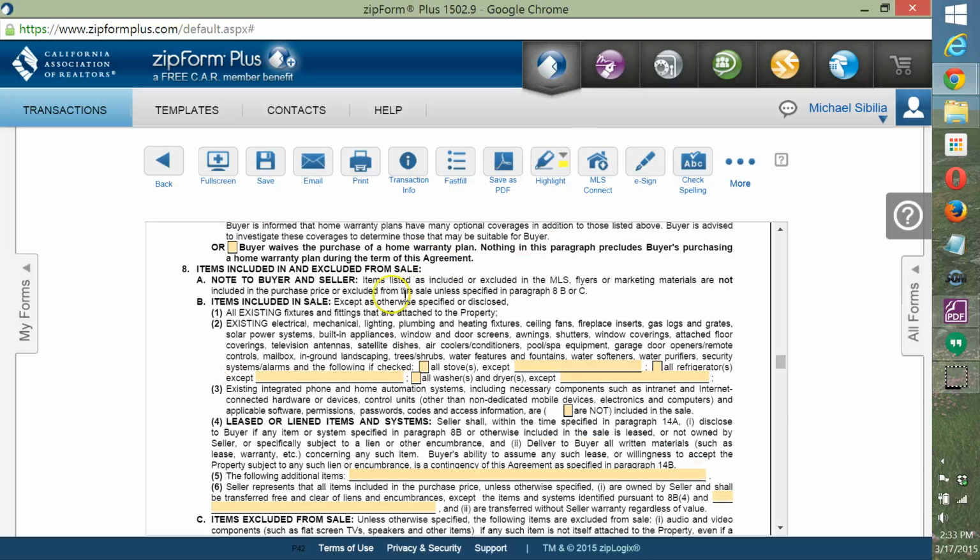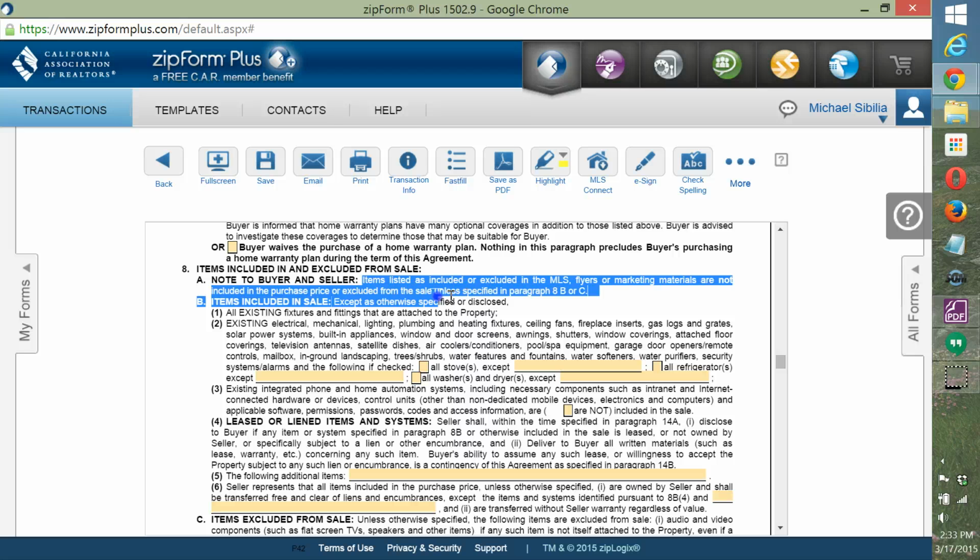Items included in the sale. Notice the buyer and seller: items listed as included or excluded in MLS flyers or marketing materials are not included in the purchase price or excluded unless specified in paragraph 8, B, or C. Does everybody see that? I used to have agents that would bring a copy of the MLS printout and say, look at this.